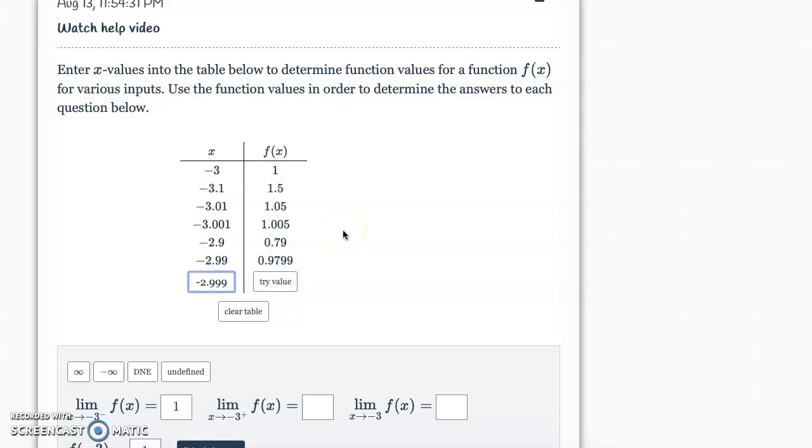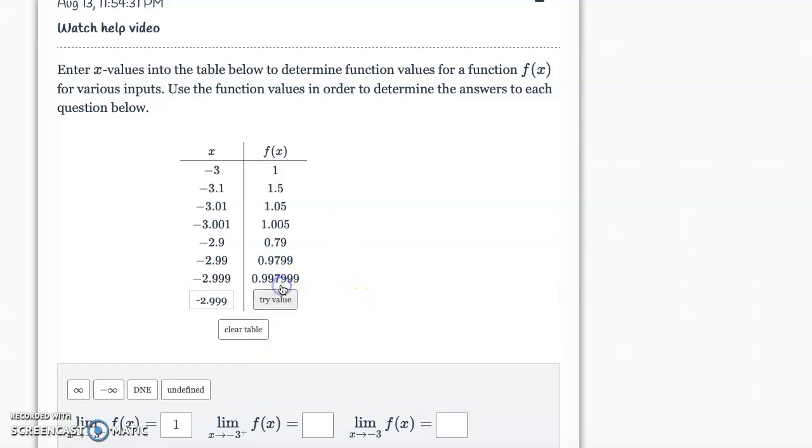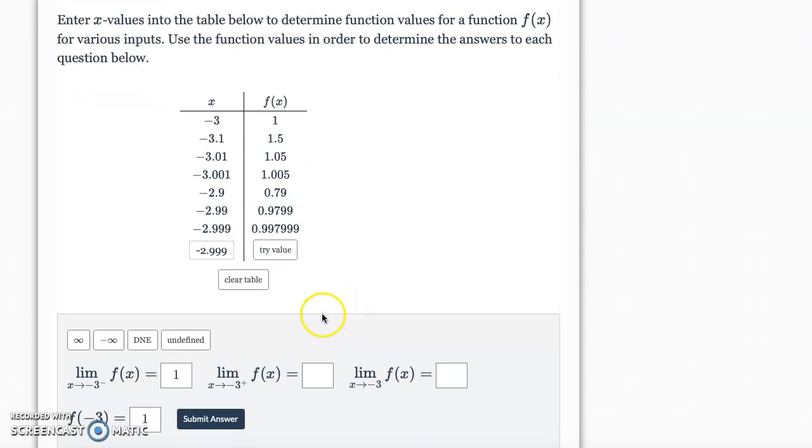So I'll try -2.99, and that is 0.997999. So that's essentially the number 1, and it's as close to the number 1 as you can be without being the number 1. This is the paradoxical notion of what a limit really is.